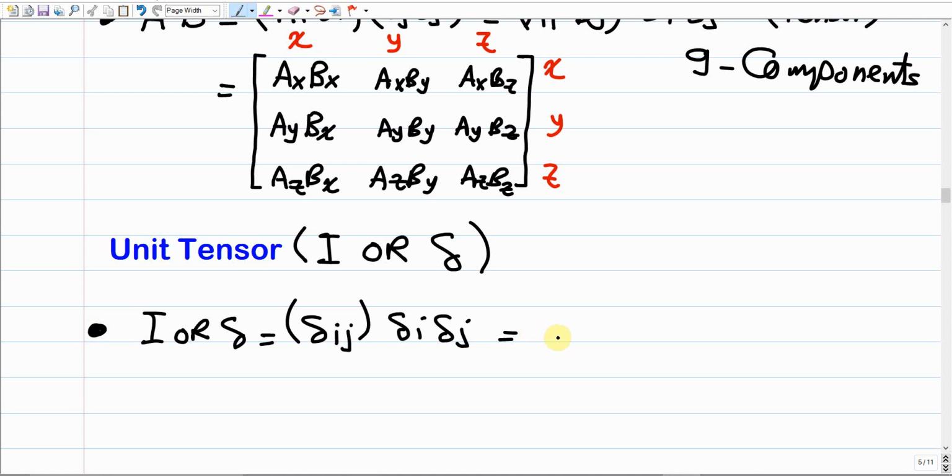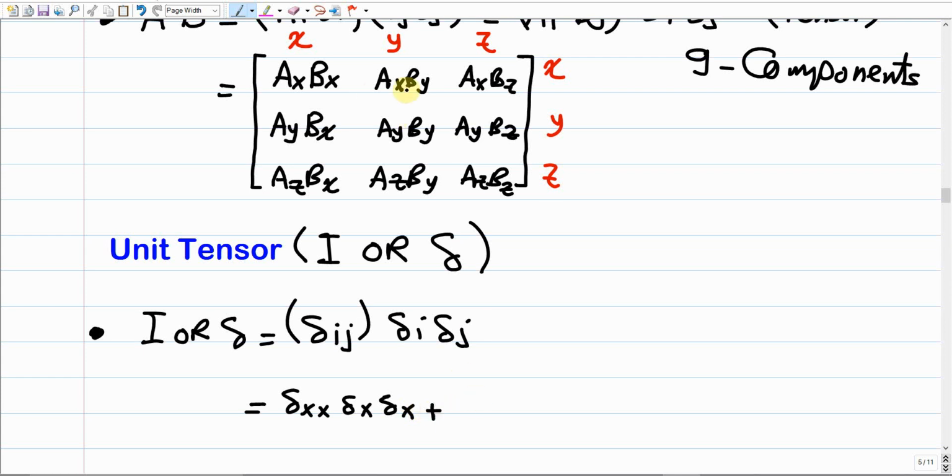We say that this tensor should be expanded over 9 components. So let us write the 9 components of this tensor here. We start with delta xx, delta x, delta x. Agree? This is the xx component.